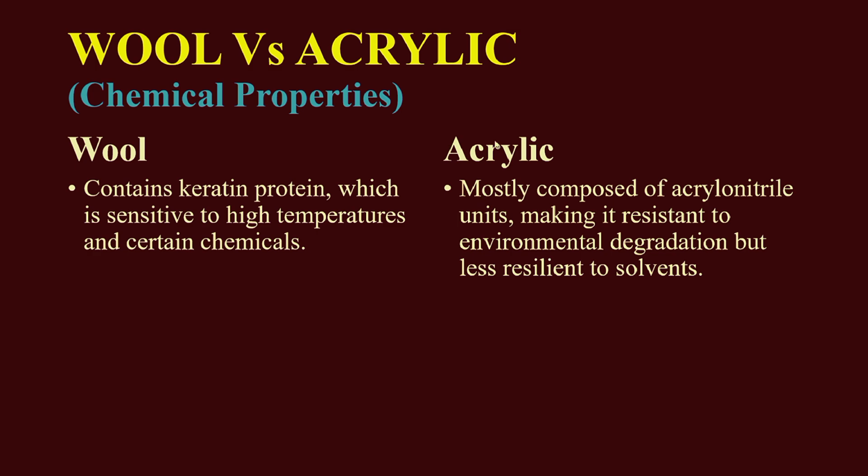While acrylic is mostly composed of acrylonitrile units, making it resistant to environmental degradation but less resilient to solvents. So wool is sensitive to high temperatures and certain chemicals, while acrylic is resistant to environmental degradation but less resilient to solvents.